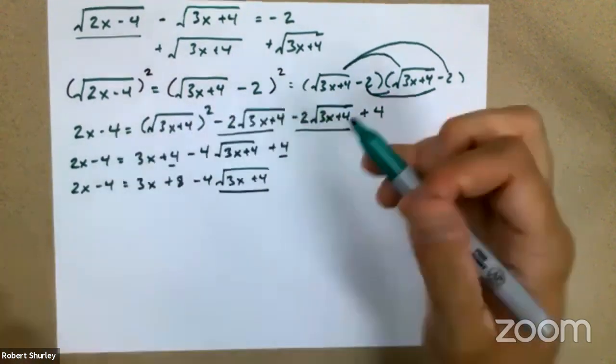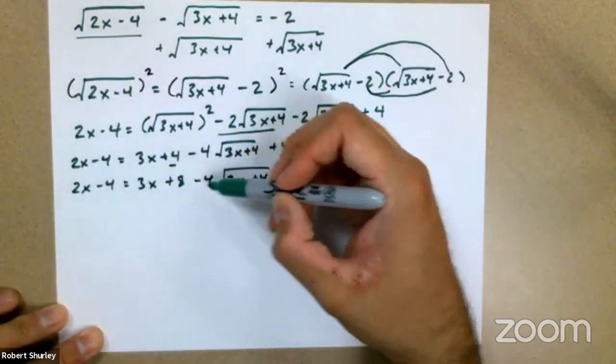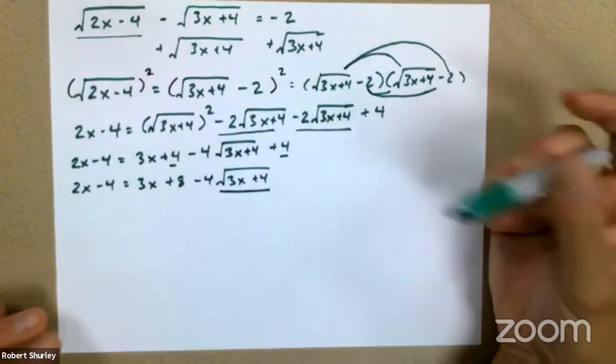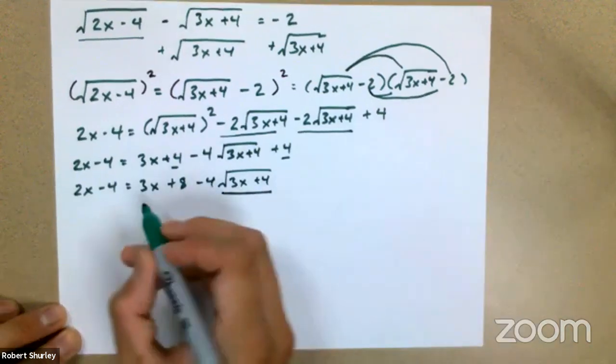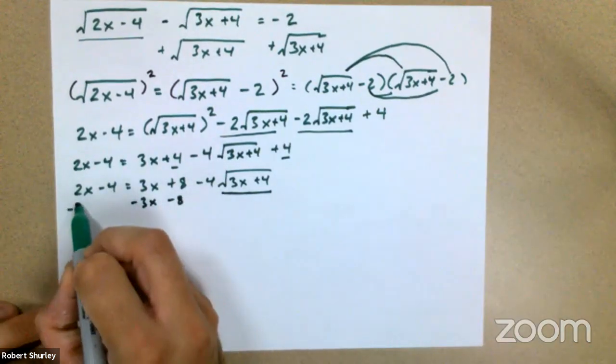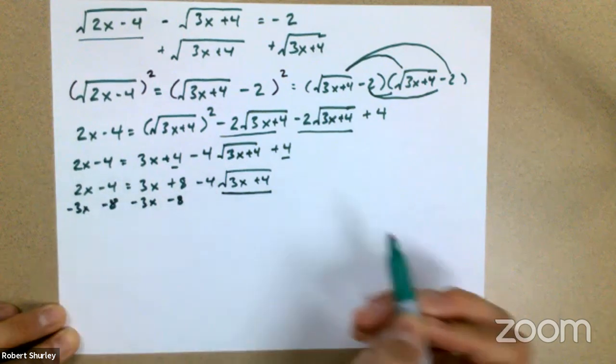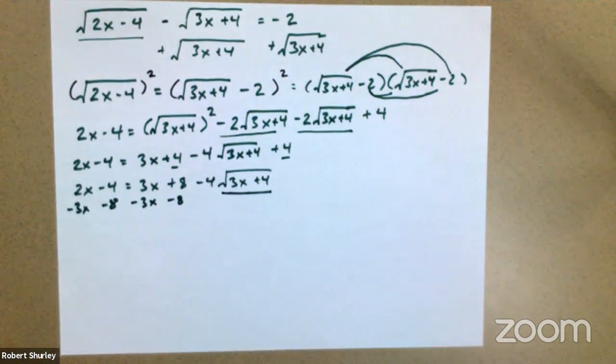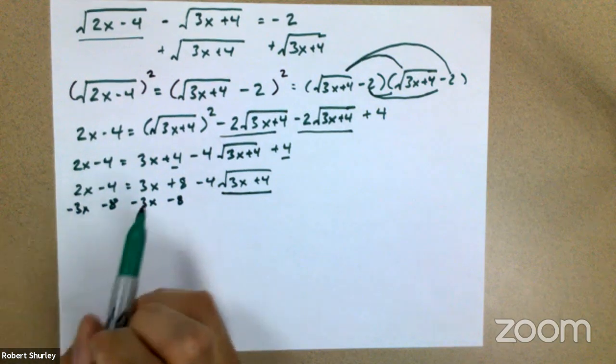Now to do that, remember, we're going to get rid of the addition and subtraction first and then divide everything by negative 4. That's what we're going to have to do. So the first thing I'm going to do is subtract the 3x and subtract the 8 on both sides. Hold on.